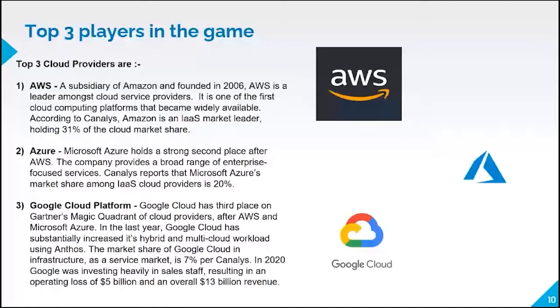Recently, Tech Mahindra and Airtel also partnered with GCP to provide better solutions to their customers, so that they can scale their application, provide better compute services and scale their business.